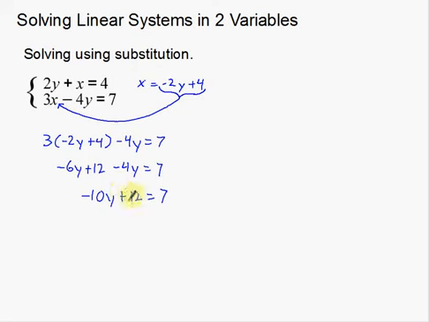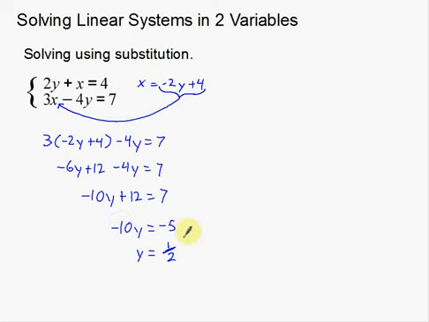I need to get the numbers on the other side, so I subtract 12 over to the other side. Negative 10y equals 7 minus 12, which is negative 5. Then divide by negative 10. y is going to reduce to 1/2, a positive 1/2, because it's a negative divided by a negative.